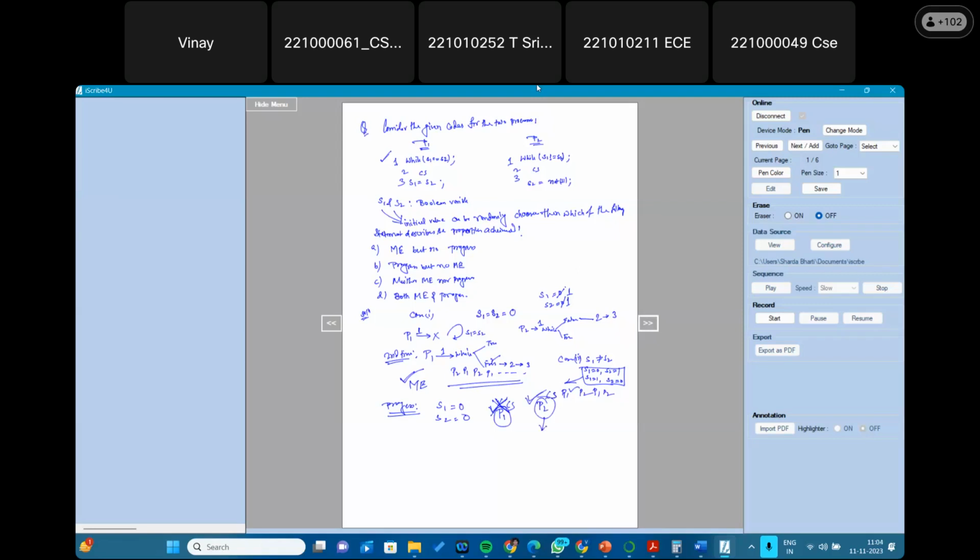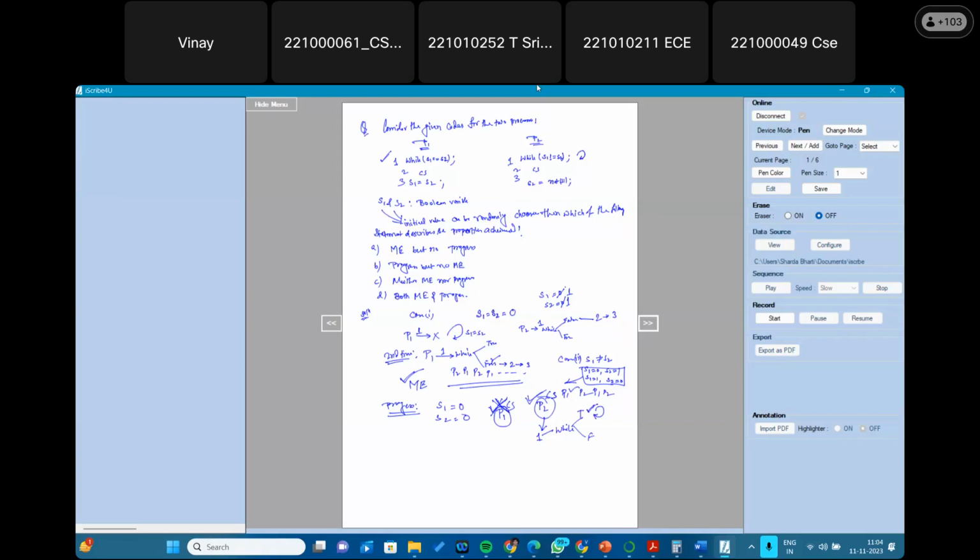for P2, when it executes instruction 1, while true false, since the value of S1 equals to S2 is what? Same. So while is true, so it will be in an infinite loop. Since there is no process inside the critical section and P2 wants to enter its critical section, but it is not allowed to enter.